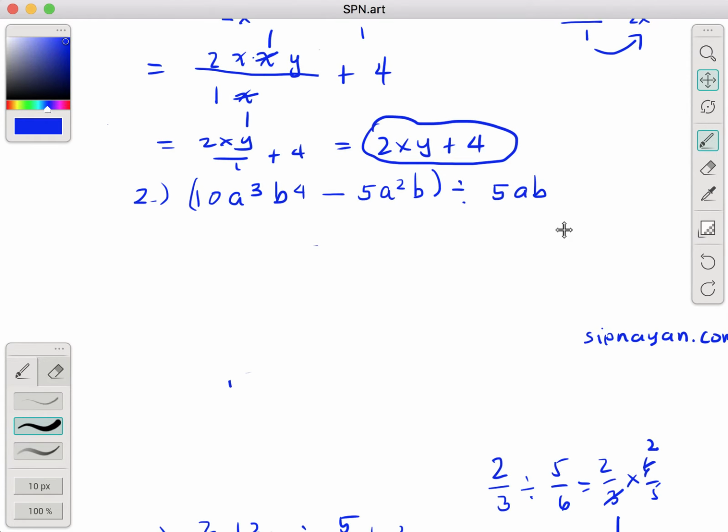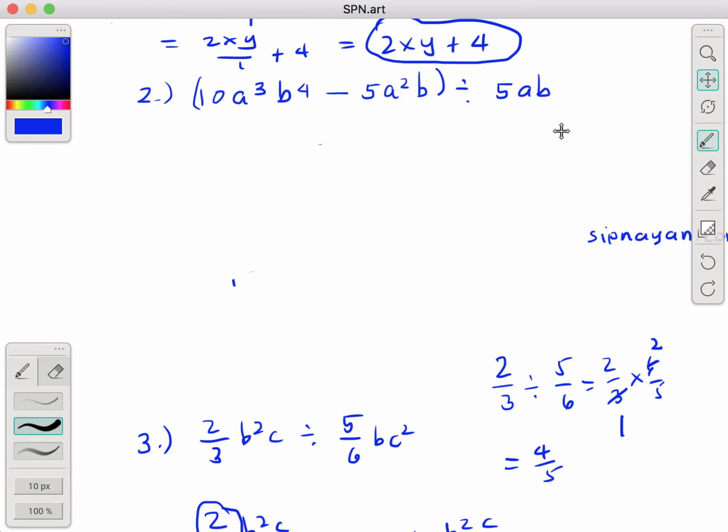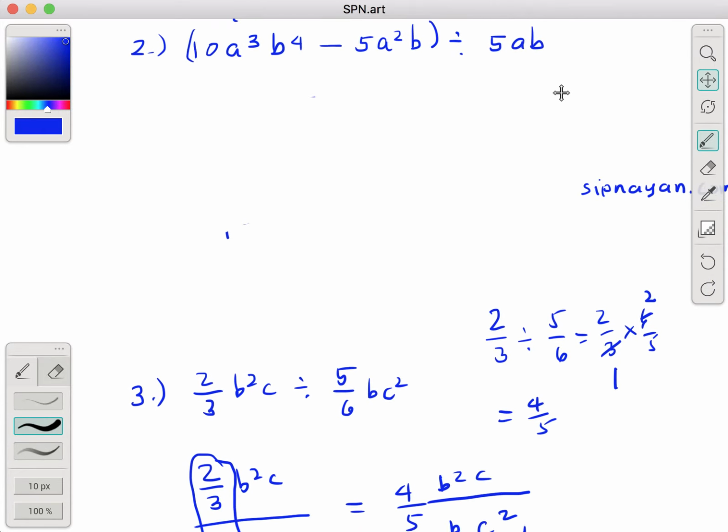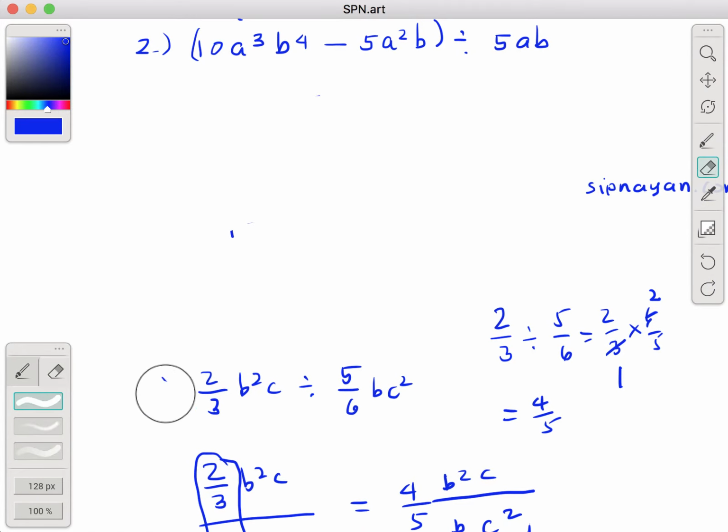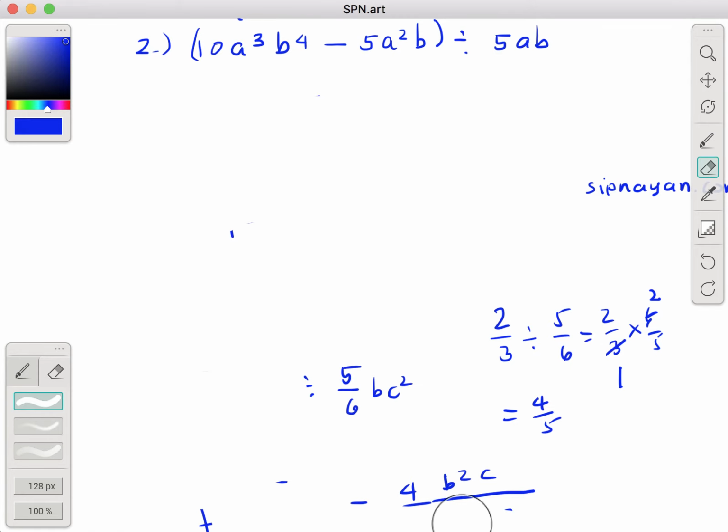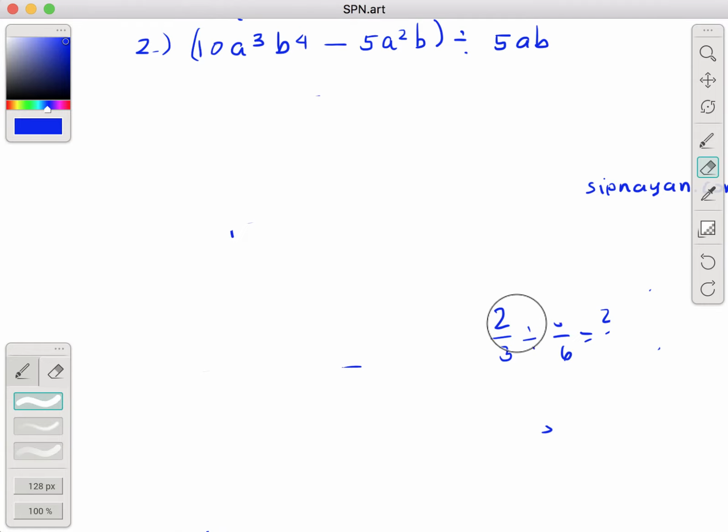So, dito hindi na tayo masyado maging detalye kasi masyado siyang time-consuming. But we can actually skip yung method na ginawa natin, which is turning or converting division to multiplication. Yung binura ko dito from the previous video yan. So, dito pwede na natin idiretso. Divide natin yung both terms by 5ab.